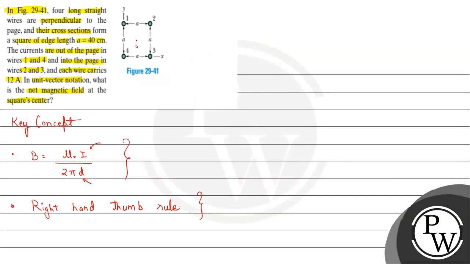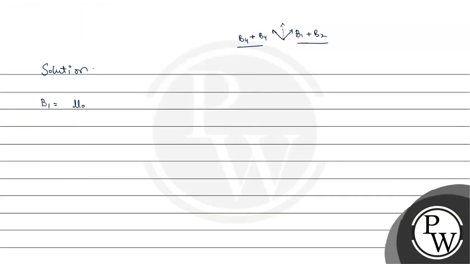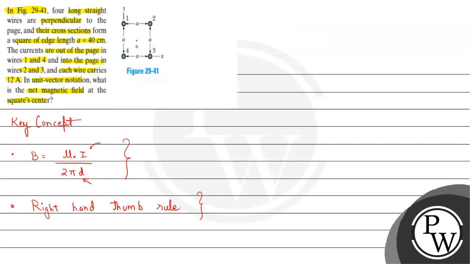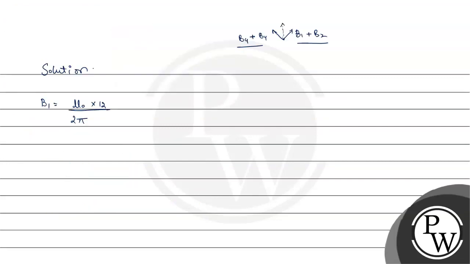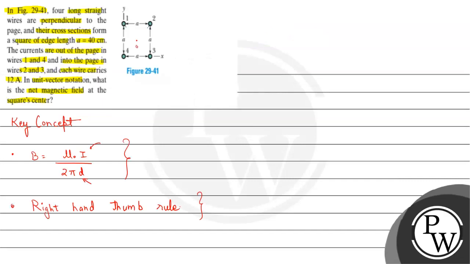I is given to us as 12 ampere, and A is given to us as 40 centimeter. Now we have to find the distance between wire 1 and O, so we are finding B1.